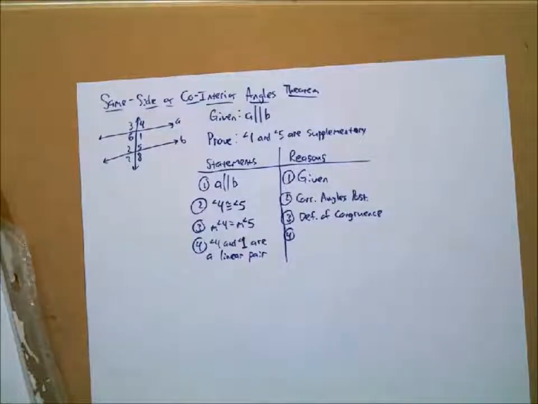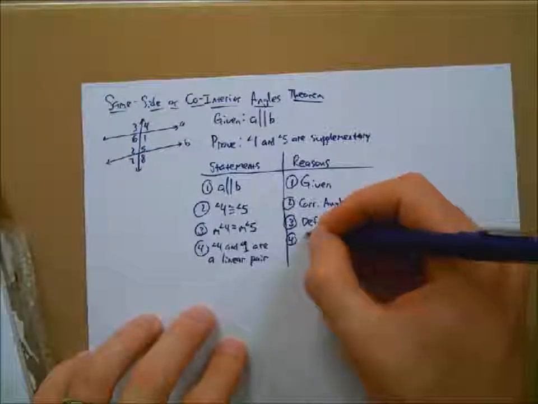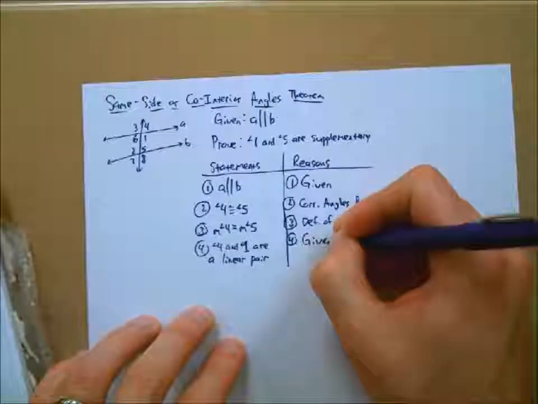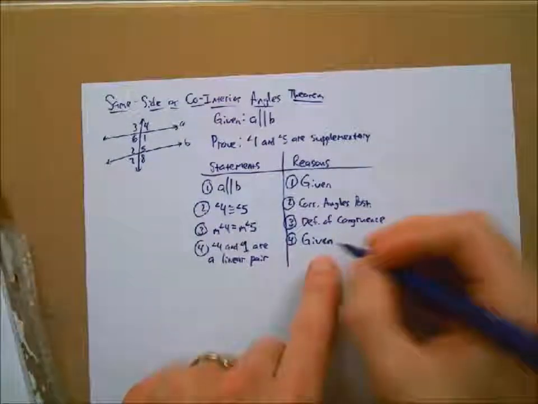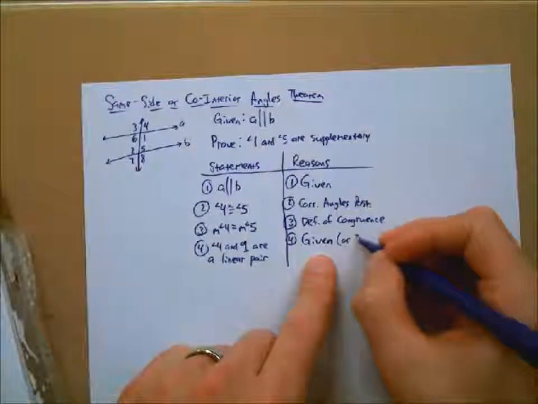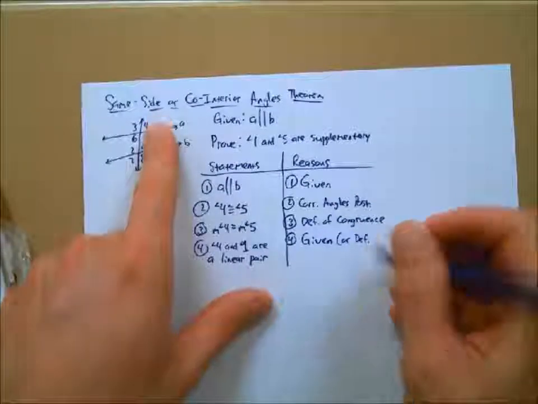Well, that's kind of given to us in the picture too. Based on where the 1 and the 4 are, we can say that's just given. You also could have used the definition of linear pair as an example. So I'll put that here, or definition of linear pair, because it fits the definition. 1 and 4 fit the definition. They're adjacent and they make a straight line.